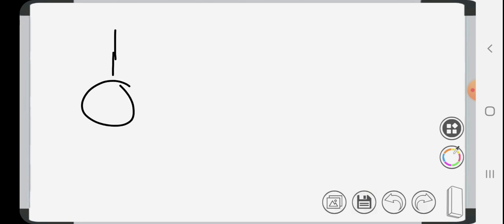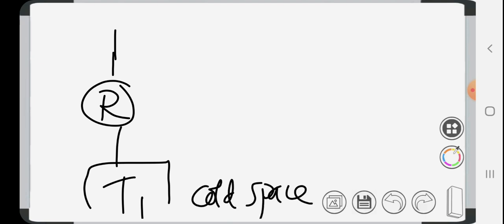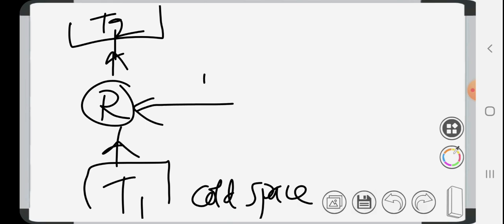Here we have a refrigerator. Here a sink temperature or cold space to be cooled, T2, the space to which the heat is rejected. Okay, so we have to add a work here.